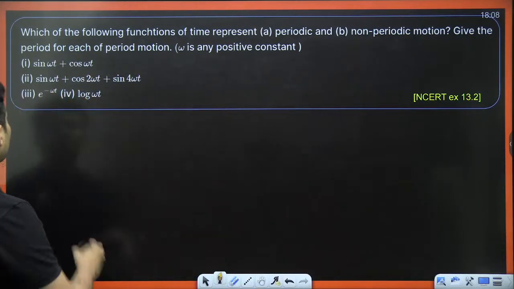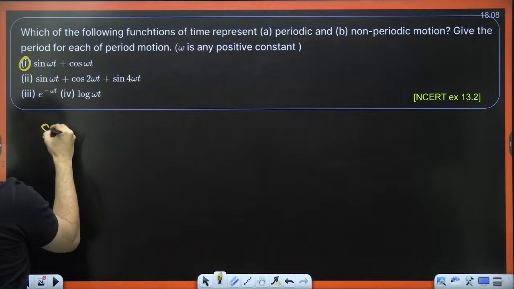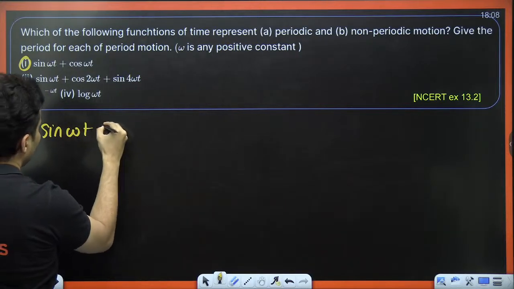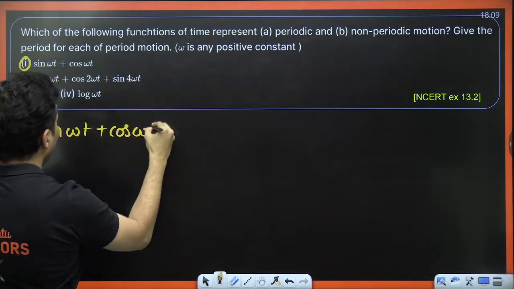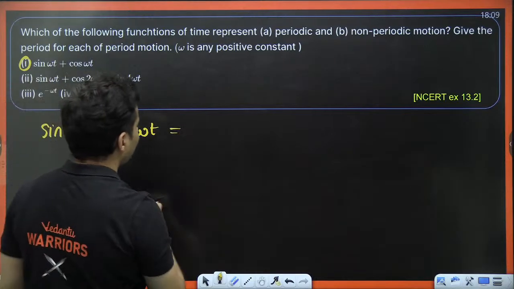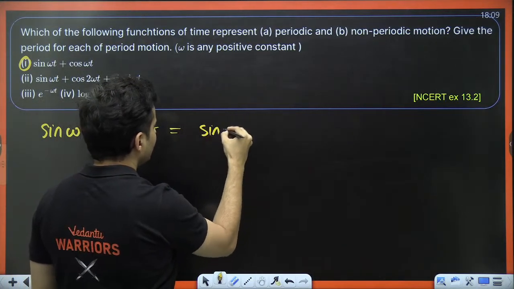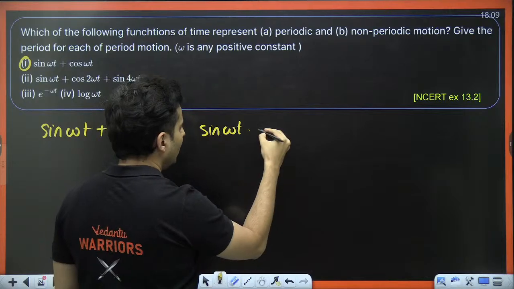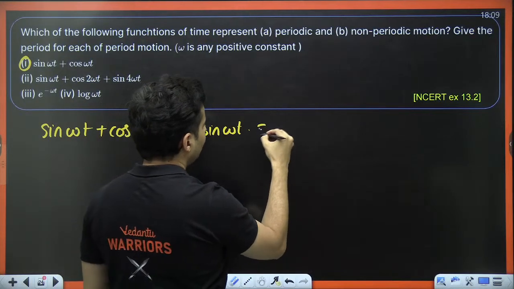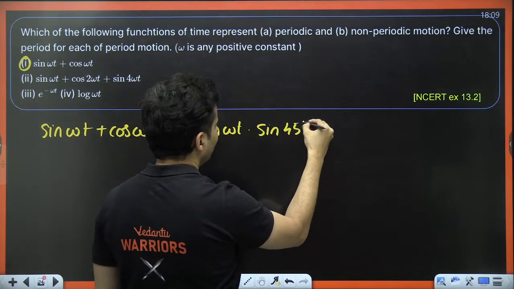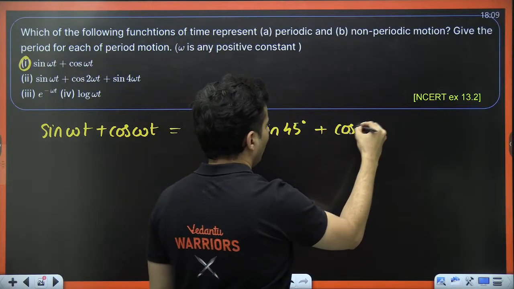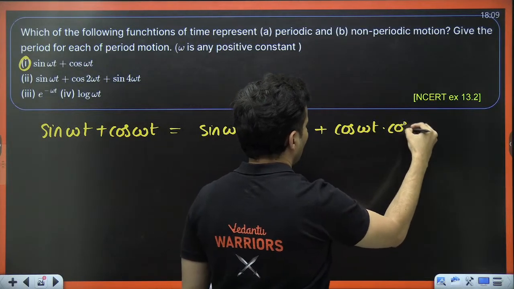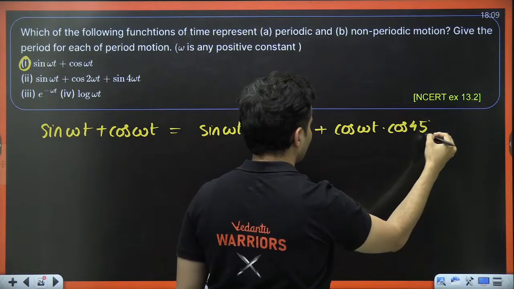Sine omega t plus cos omega t. If you look at this one, I can do one thing. I can write it as sine omega t into, let's say, sine 45 degrees plus cos omega t into cos 45 degrees.